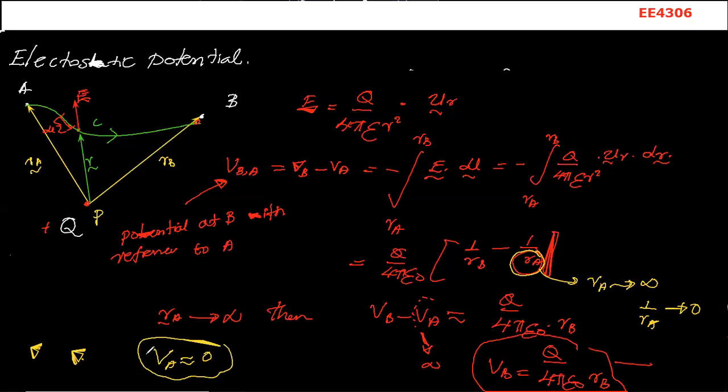That's the idea here. So I tried to derive the equation for the potential at point B due to a point charge of capital Q.